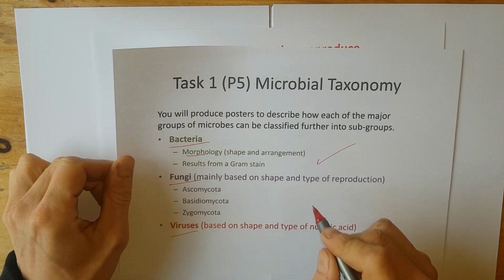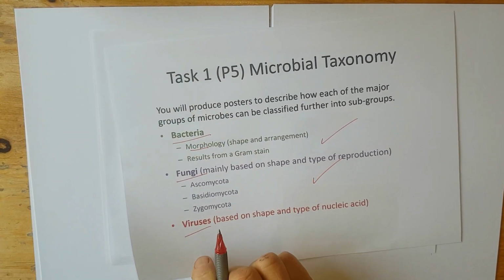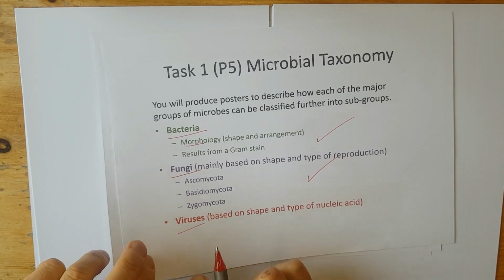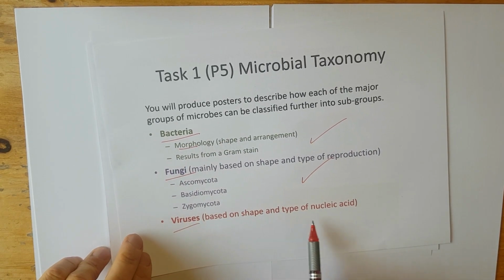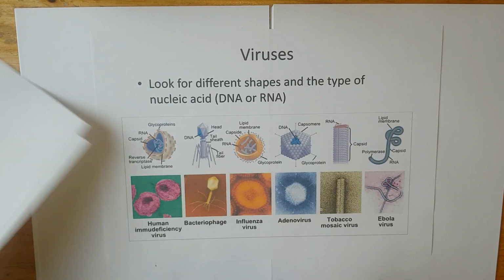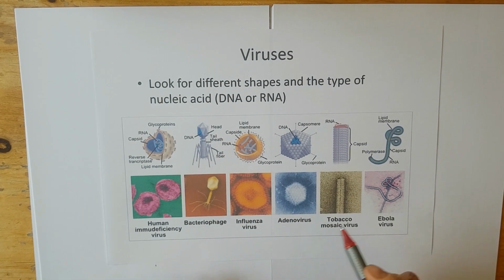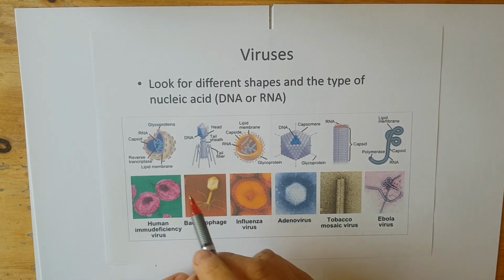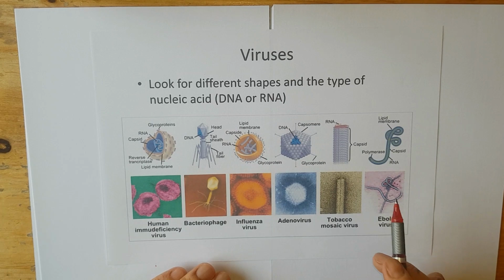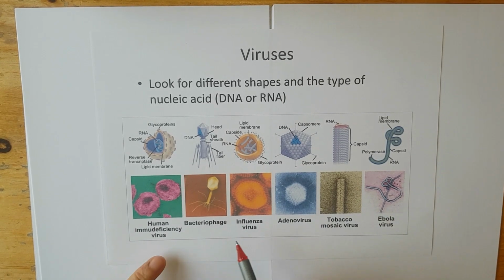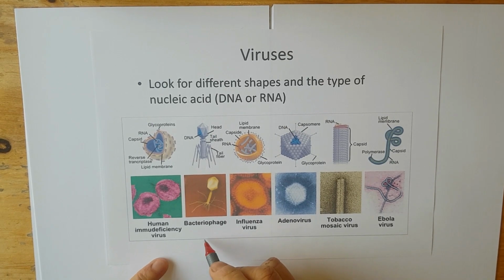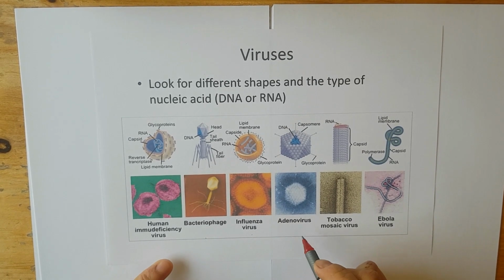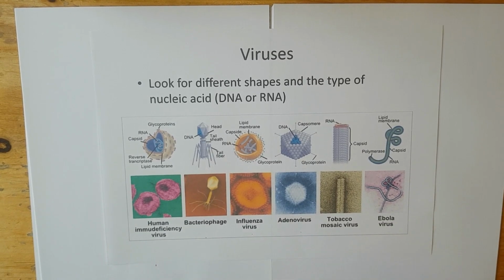So we've done the fungi now, we just need to look at the viruses. So shape and type of nucleic acid for viruses. So here are some viruses, and you can pick some groups here. Maybe you don't need to do them all, but some of the main groups that you might get, things like bacteriophages, flu viruses, adenoviruses.